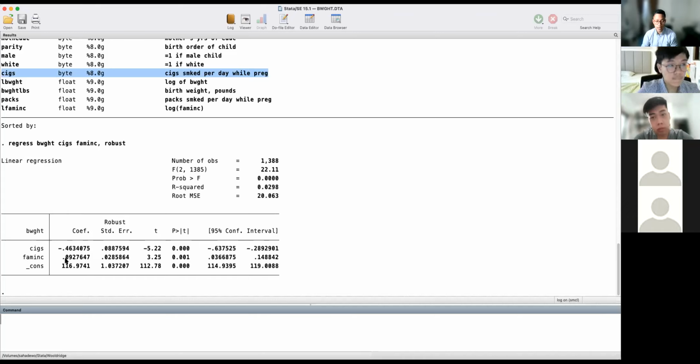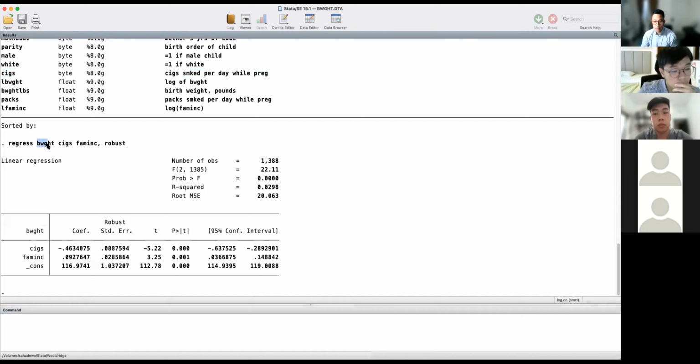Suppose that we're interested in a regression of birth weight not in ounces, but actually in pounds. If you go to the conversion, you can look it up online: 1 pound is equal to 16 ounces. So we're going to rescale the left-hand side variable only.